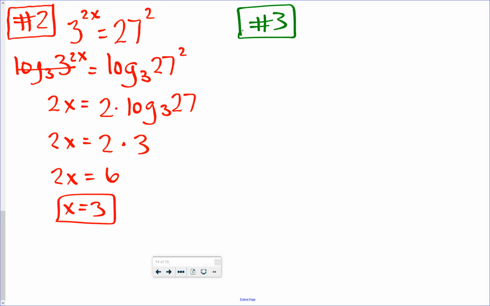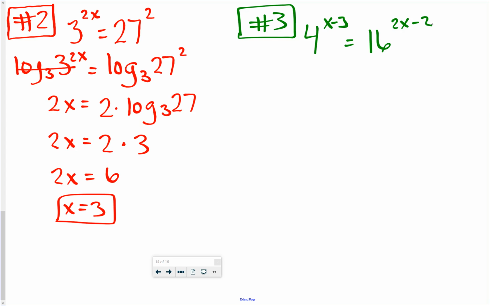So number 3, we have 4 raised to the x minus 3 equals 16 raised to the 2x minus 2. Yes, they do both have an x this time. So it doesn't really matter what the base is of my log. It doesn't matter which one you pick. You could have log base 4 or log base 16.